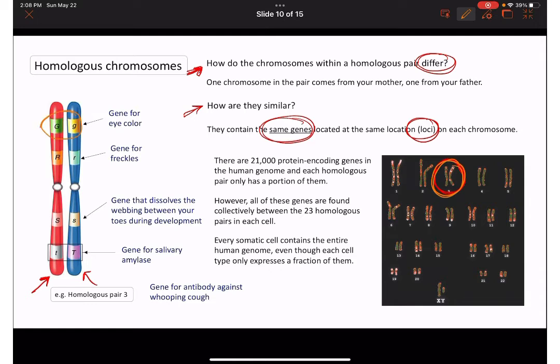Maybe these chromosomes are both going to contain the gene for eye color. Maybe they're both going to contain the gene for freckles. The point is that whatever genes these homologous chromosomes contain, they each contain a version of that same gene.